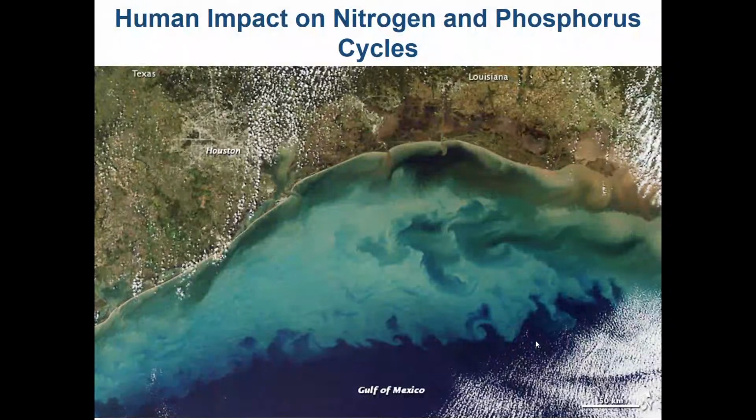This is so bad that you can see this from space. So here we have the coast of Texas into Louisiana, and you can see all of this is all fertilizer runoff, and this is the dead zone that is formed. And it's about 6,000 to 7,000 square miles.